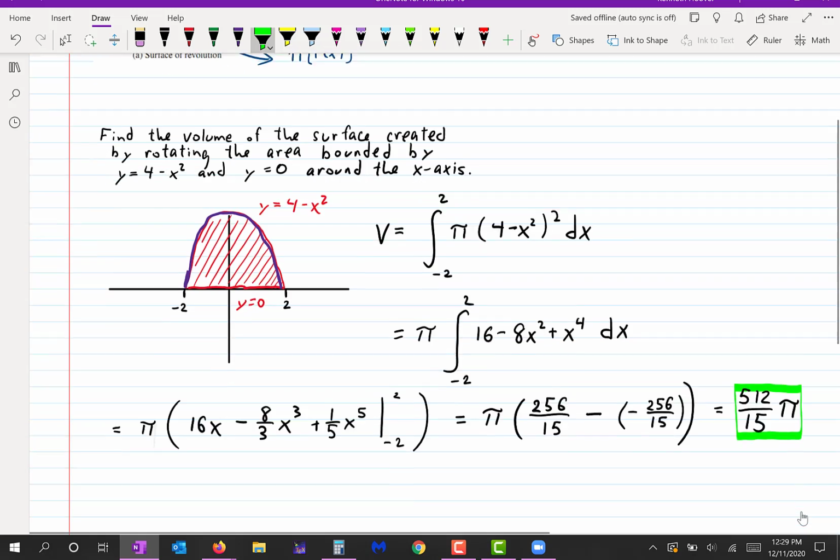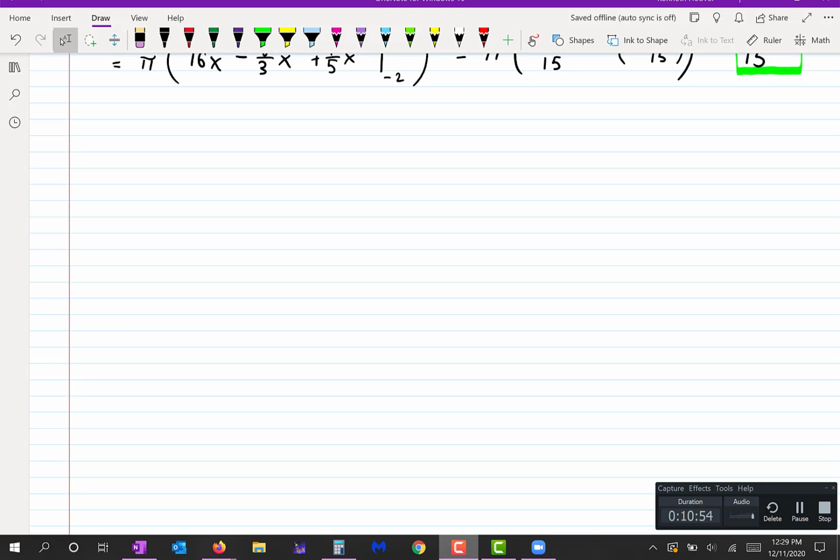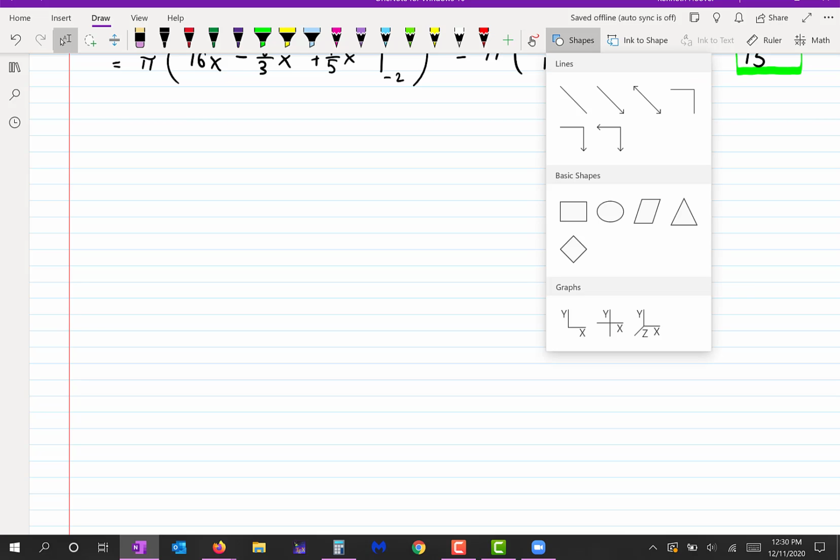Okay? Let's do one more. You probably know that the volume of a sphere is 4/3 pi r cubed. Let's show why that's the correct formula.